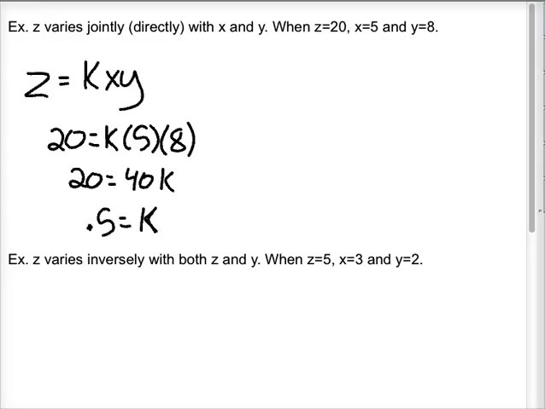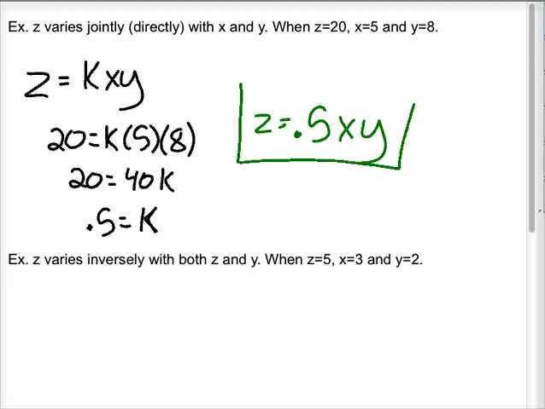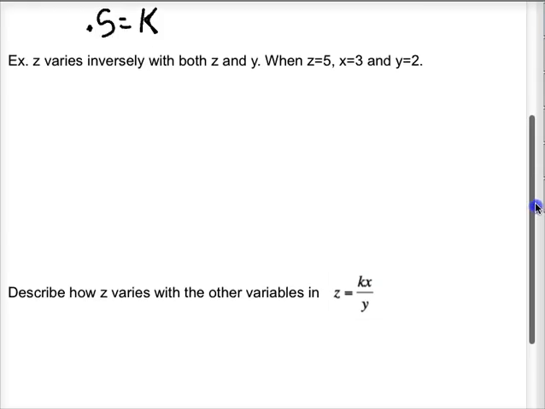It's okay if you get a decimal. Again, decimals happen. So now that I have my k, remember the final step is putting that in. So z is going to equal k, which is 0.5, xy.